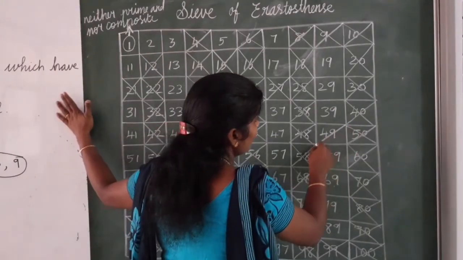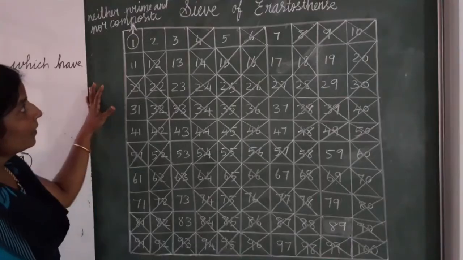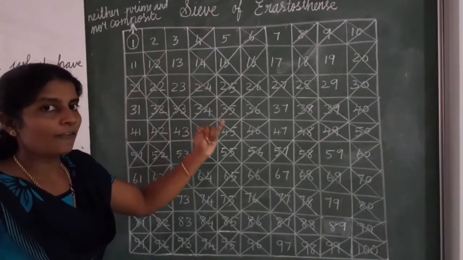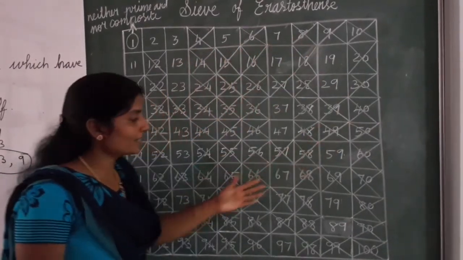Yes, 49 is a multiple of 7, isn't it? 7 7s are 49. We have crossed out all multiples of 2, 3, 5 and 7.